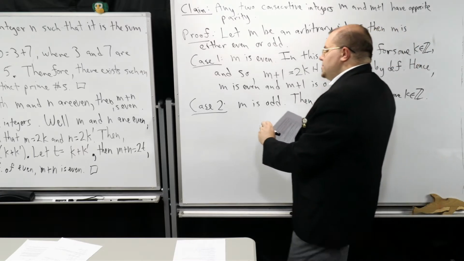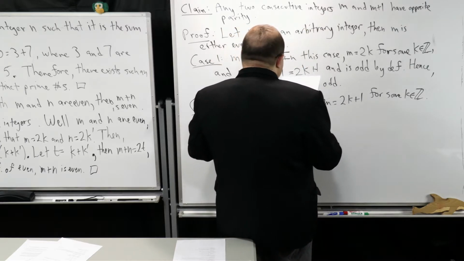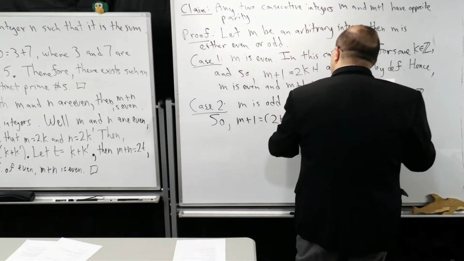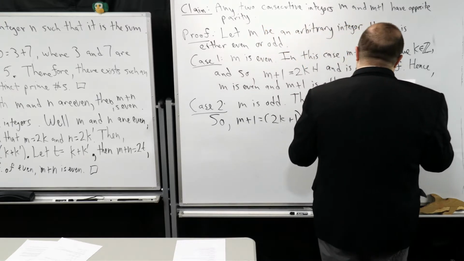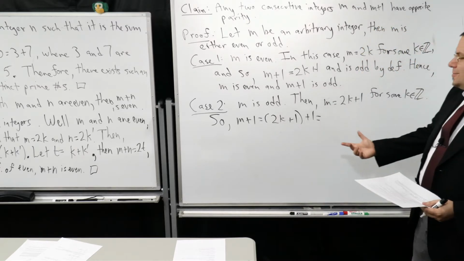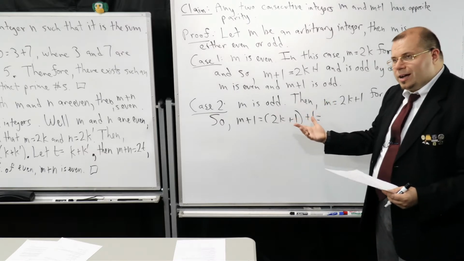So what am I going to do? I'm just going to see what happens when I add 1 to it. So m plus 1 is equal to 2k plus 1 plus 1, which is 2k plus 2, right?